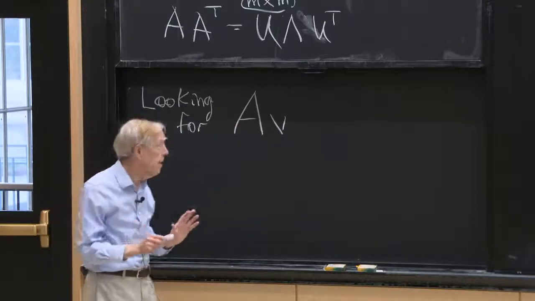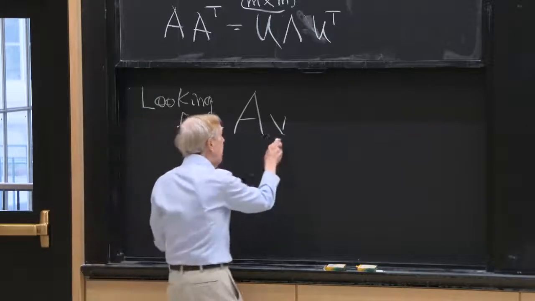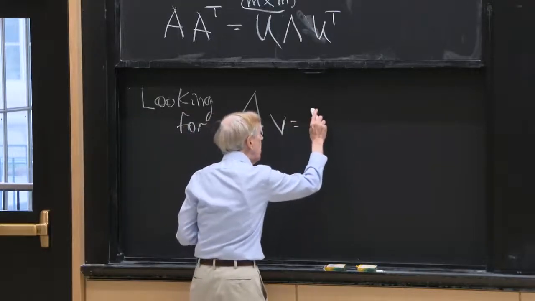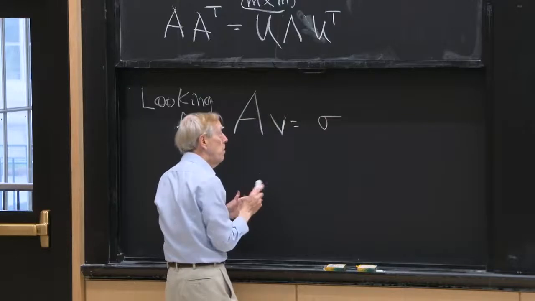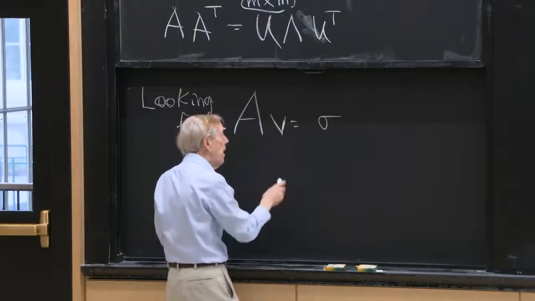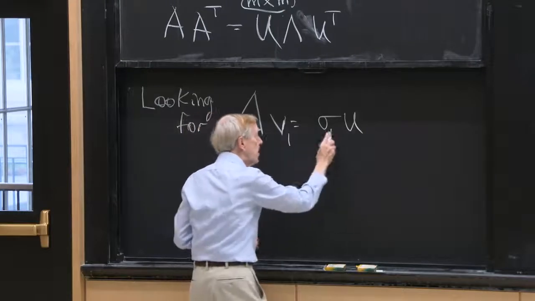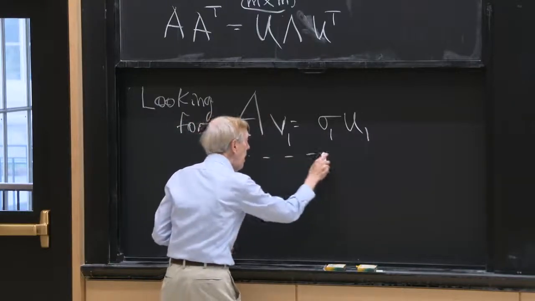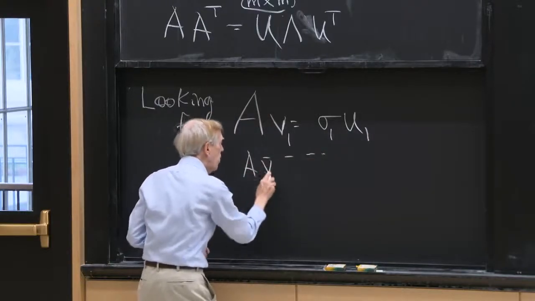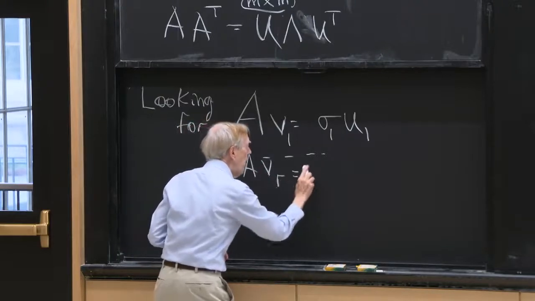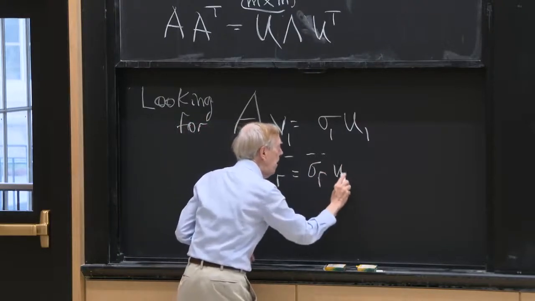It hasn't got eigenvectors. So AV is sigma, the new singular value, times U. That's the first guy and the second guy and the rth guy. I'll stop at R, the rank.